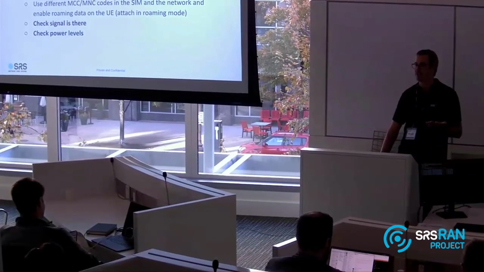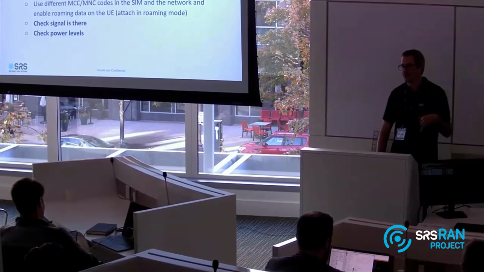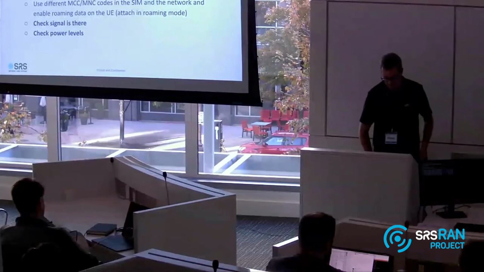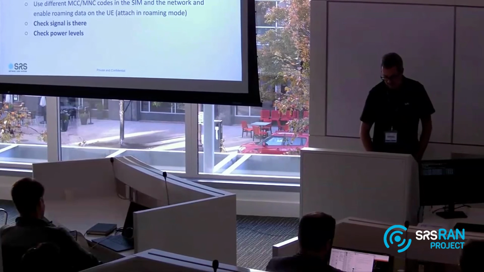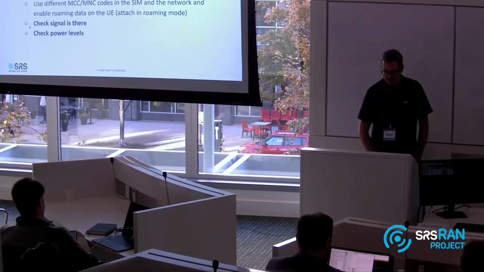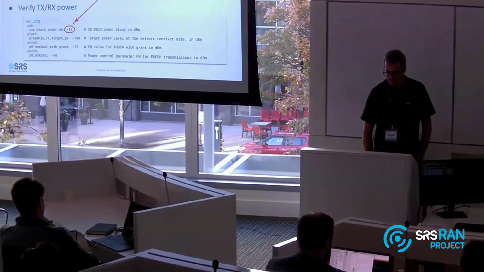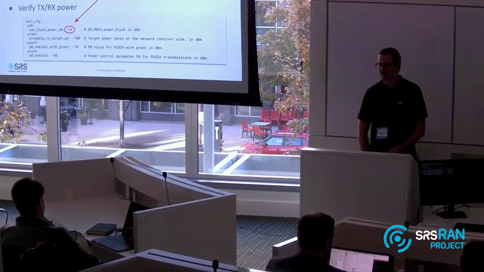So the phone is either not attending to PRACH or it's sending the PRACH and you're not seeing it. Things that you would check here are the SIM configuration, the SIM tray, the MCC and MNC levels. Check that the signal is there using the spectrum analyzer, and check the power levels.